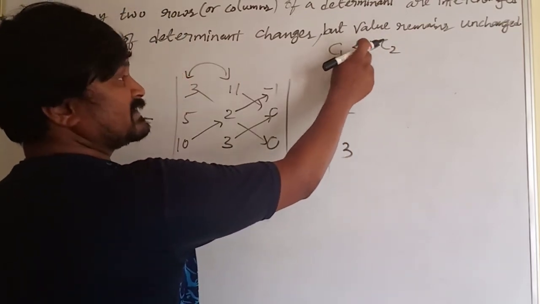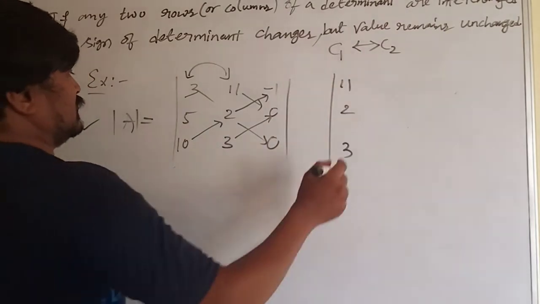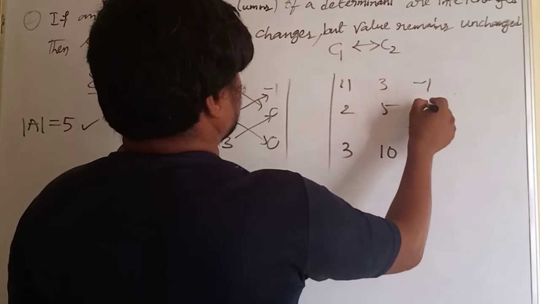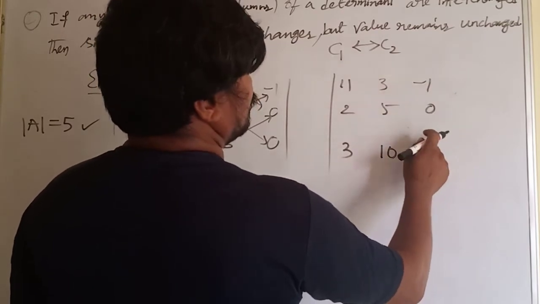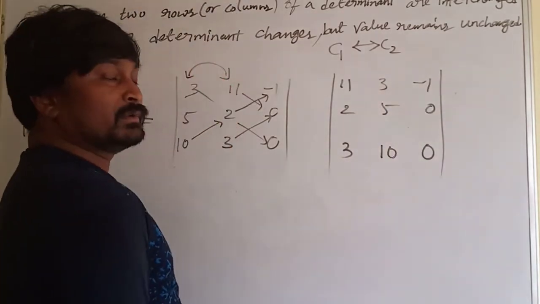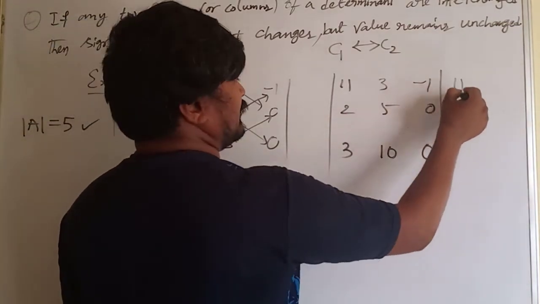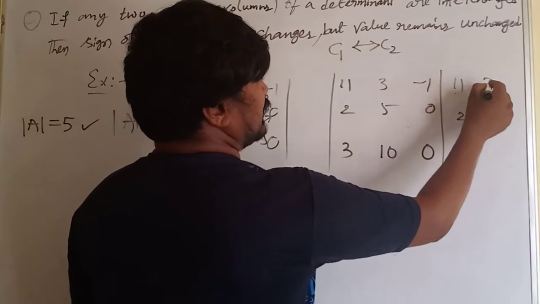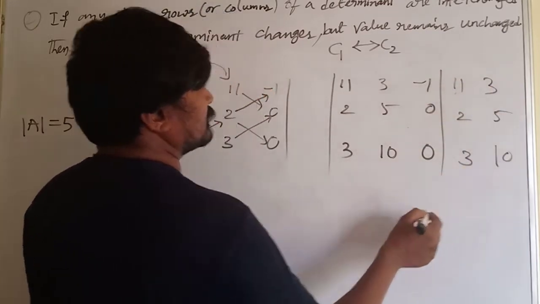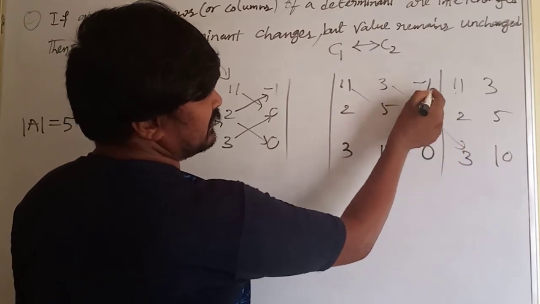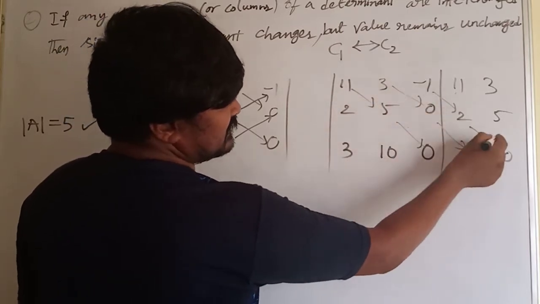That is the meaning of this arrow. Remember that. So 3, 5, 10, minus 1, 0, 0. And according to Sarrus' rule, what do we need to do? Sarrus' diagram, these two again written: 11, 2, 3, 3, 5, 10. First diagonal, second, and then the third one.